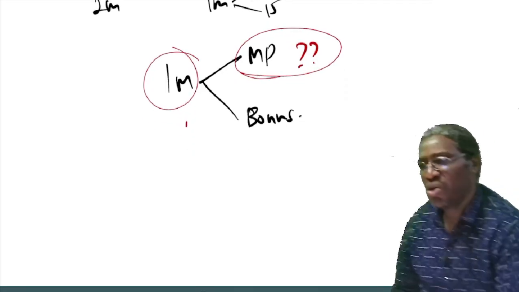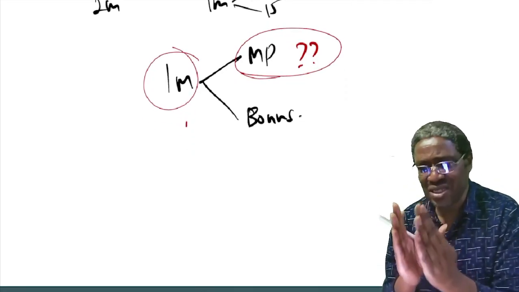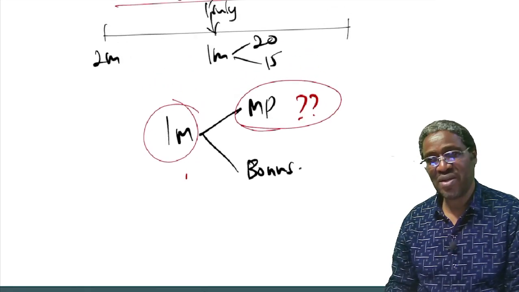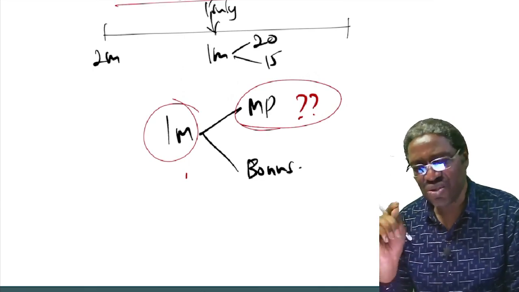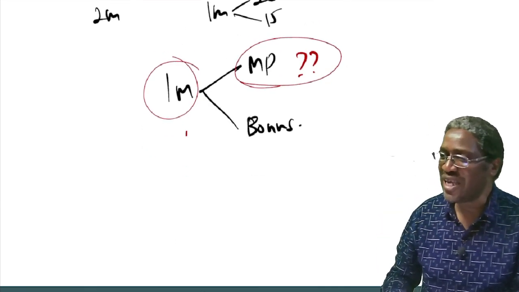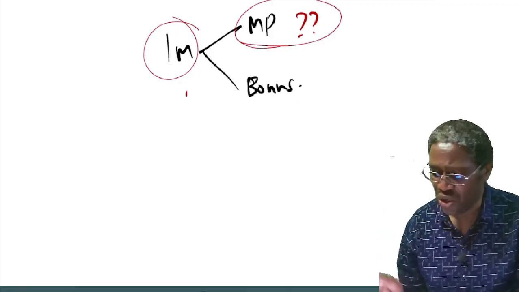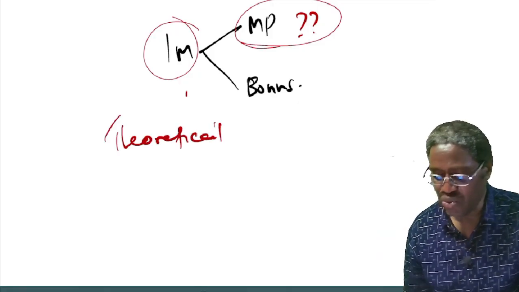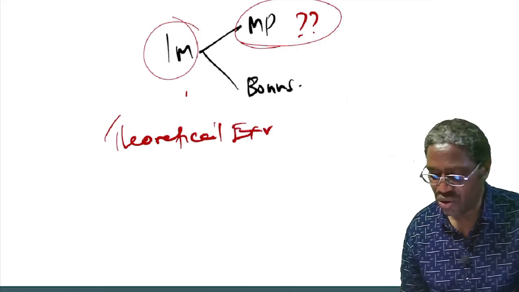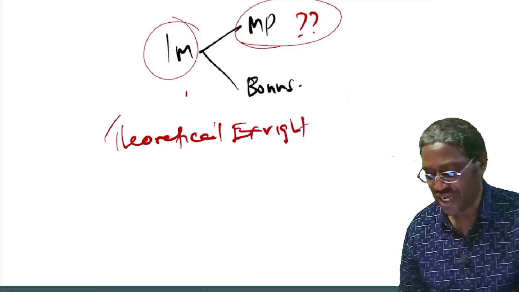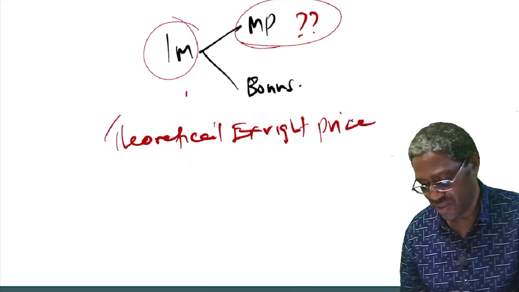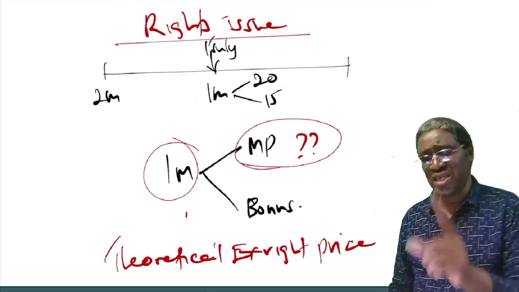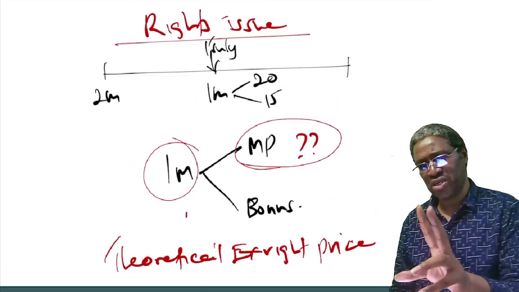When shares are issued as a result of a rights issue, the first thing you must do is calculate what we call the theoretical ex-rights price. As a company, we began the year with 2 million shares.